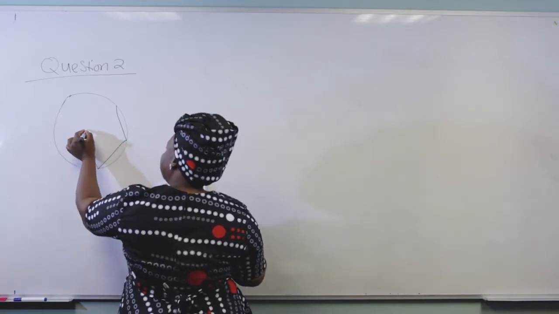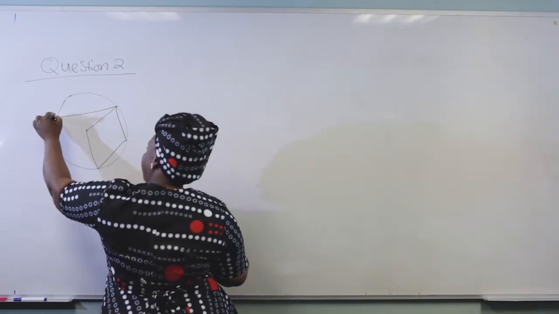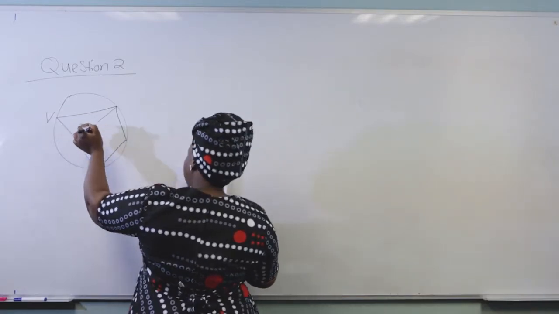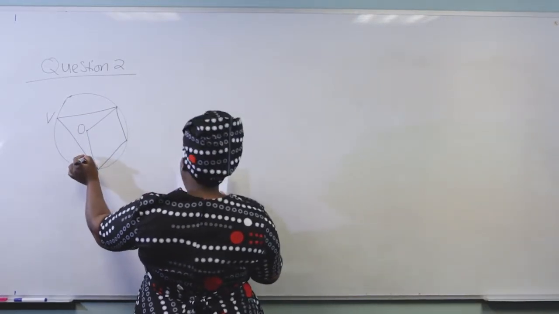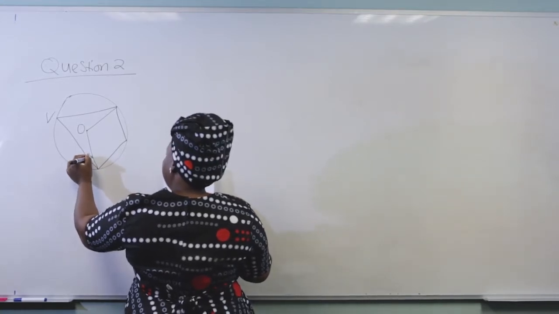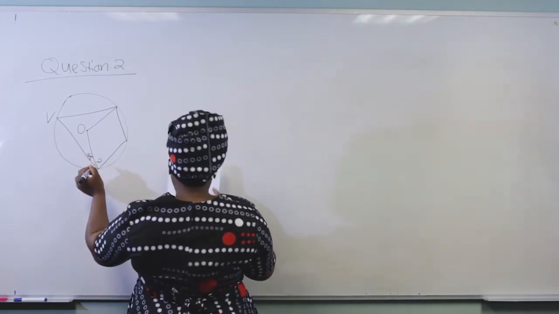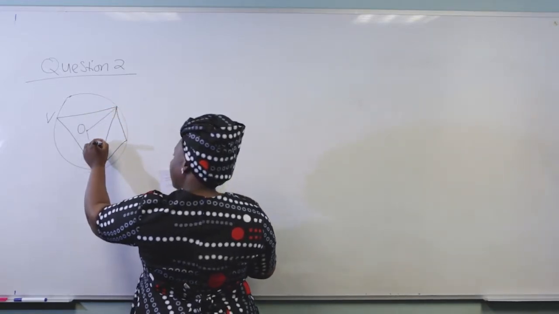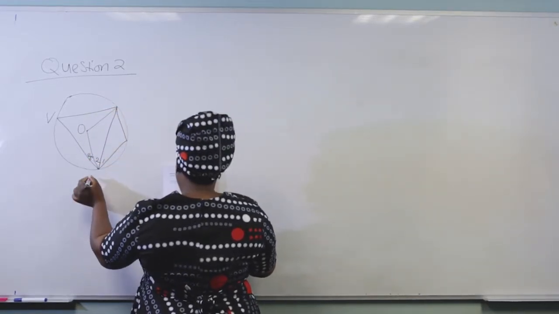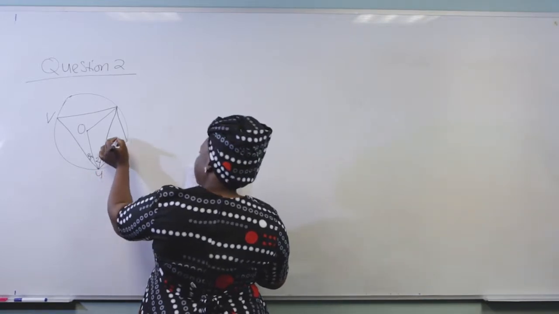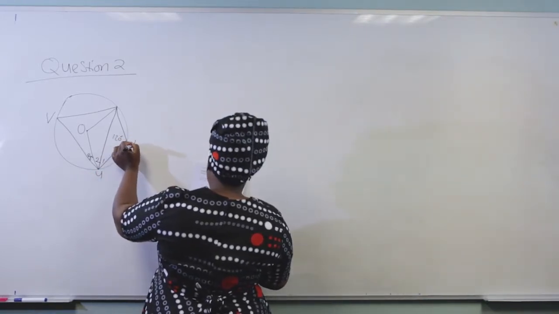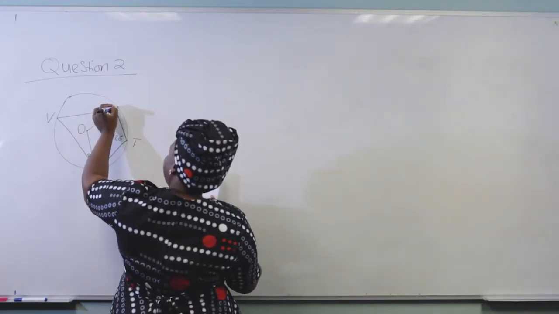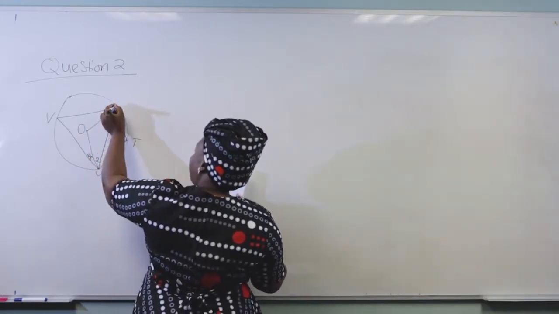So this is my center, and then I have my circumference. On this circumference is V, that is 0, that is O, and this is 48 degrees, that is 2. There's a line coming from there to there, then that is 2 and 1, and this is U. This is 120 degrees, it's T, and then we have a tangent, which is a line drawn from that point.